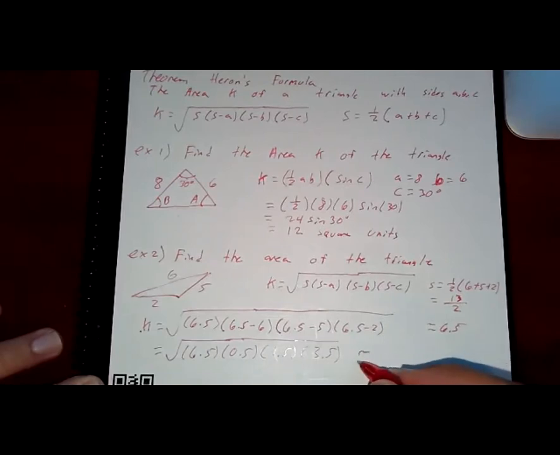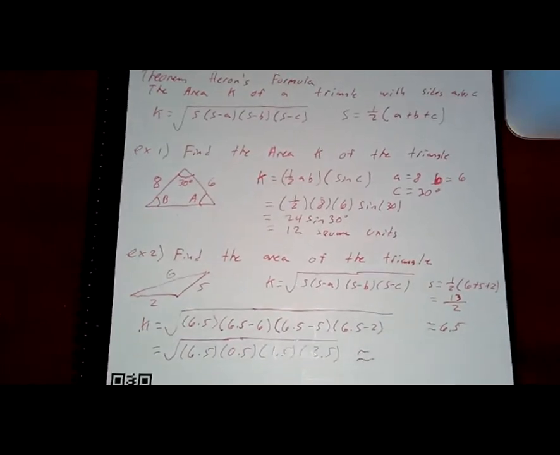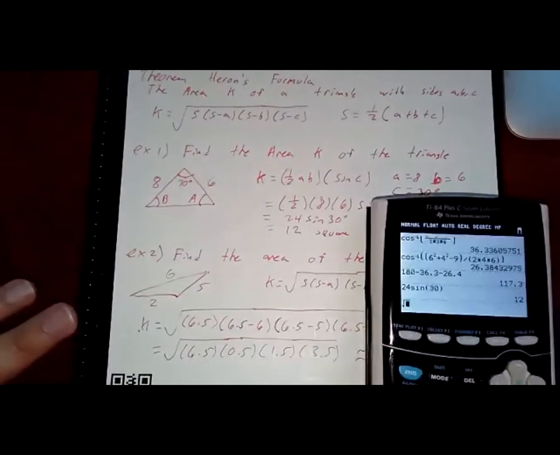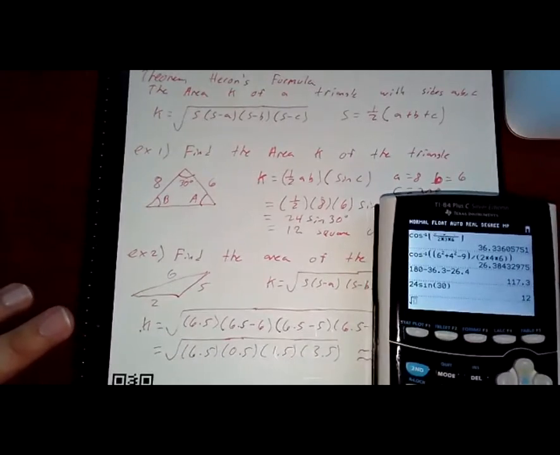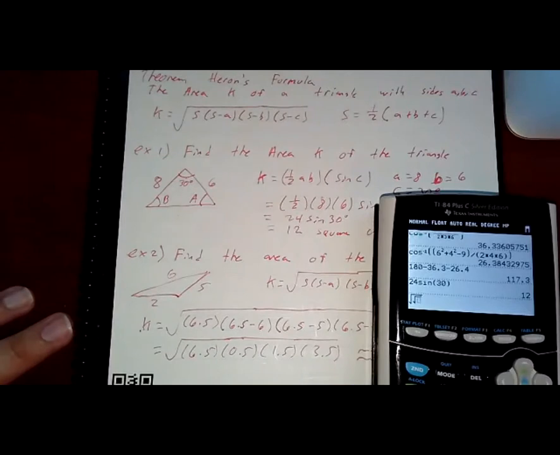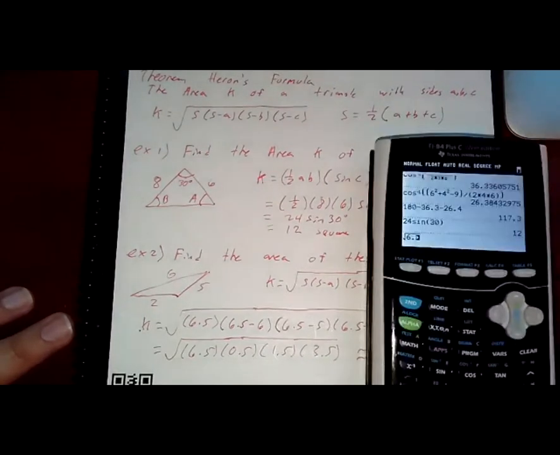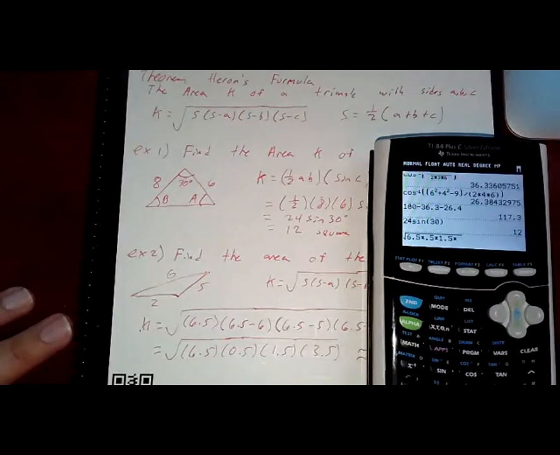So then it's calculator time. 6.5 times 0.5 times 1.5 times 3.5.